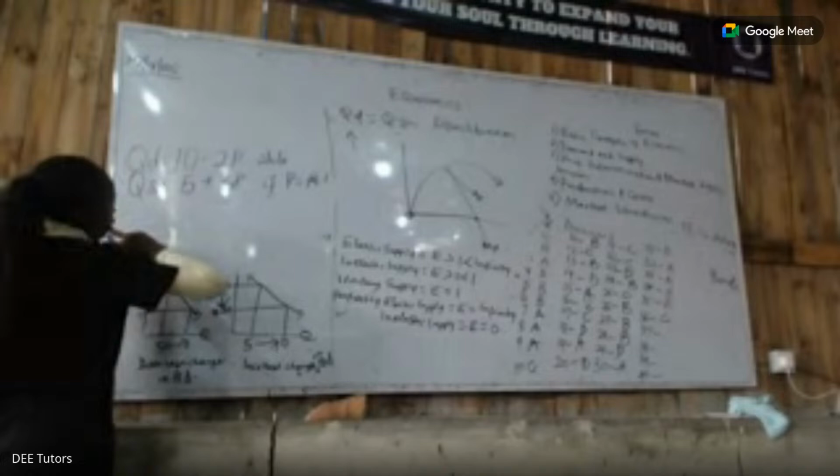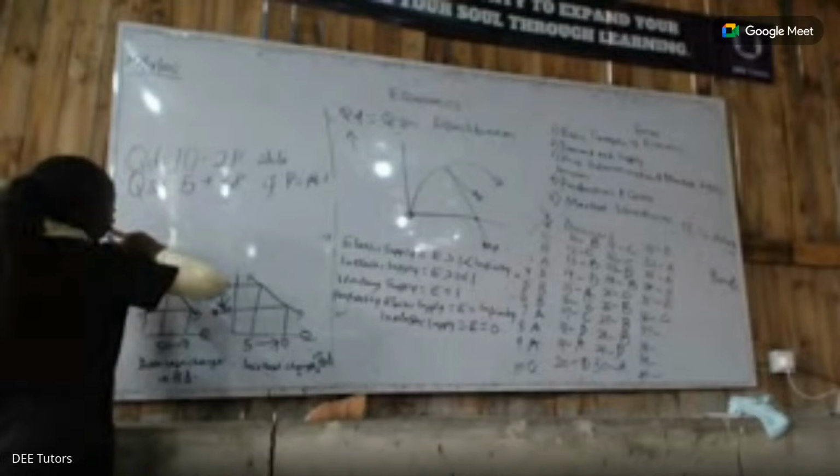Let's go straight because it's simultaneous. At equilibrium, QD is equal to QS.